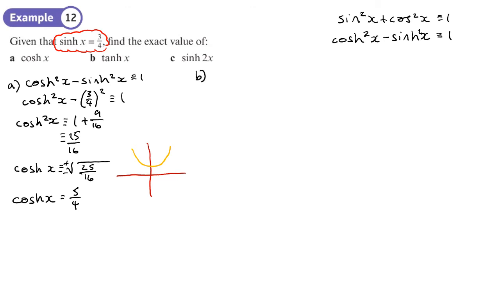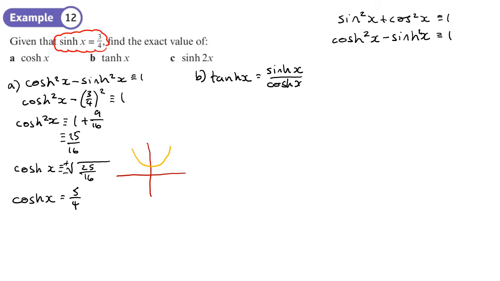So we're looking for an identity that links tanh with sinh, and that's only going to be tanh is sinh over cosh.